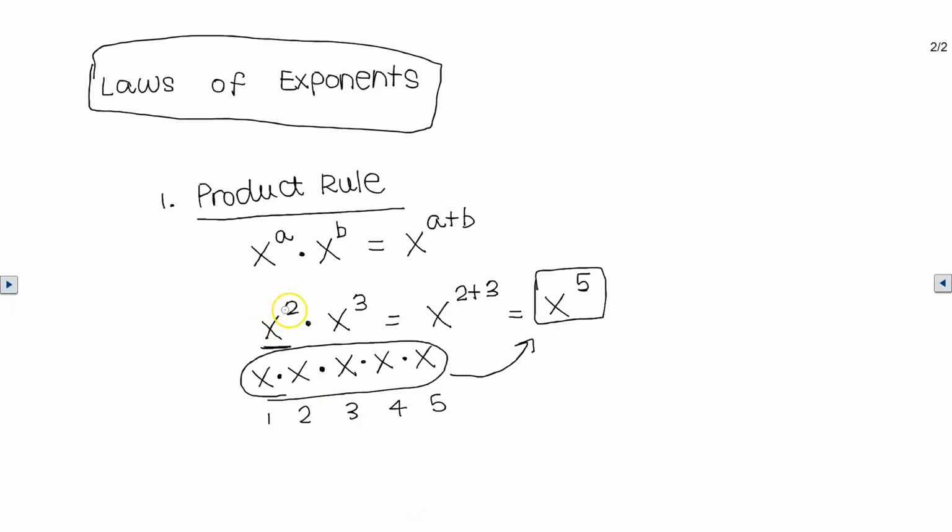Here you're repeating x 2 times in a multiplication problem, and then you're multiplying that by x repeated 3 times. So what you end up with is x just getting repeated a total of 5 times. So x to the 5th power. So the product rule tells you that when you need to multiply powers and they have the same base, you can just add the exponents.